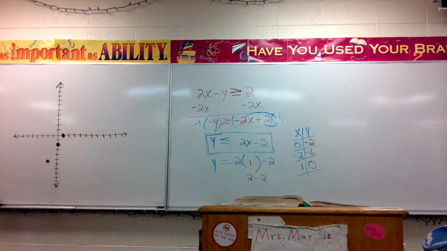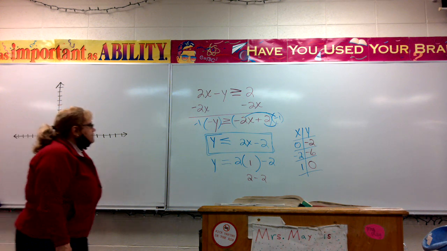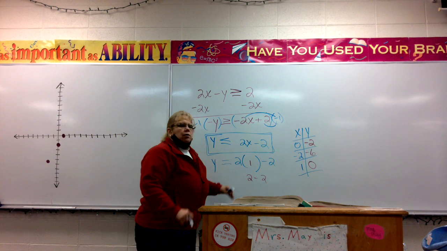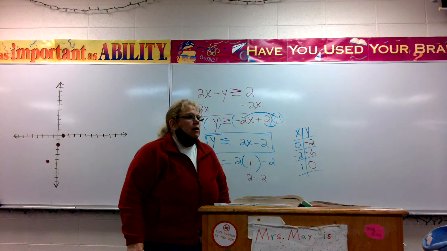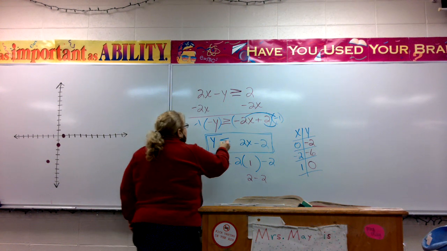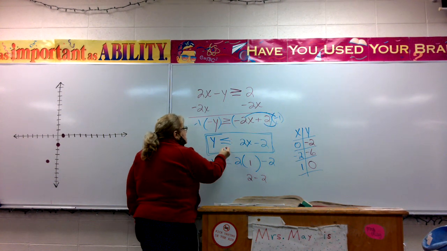And then we're going to connect and we're almost done. If it were just an equals, remember we would just connect it with a solid line. But remember, it's less than or equal to.